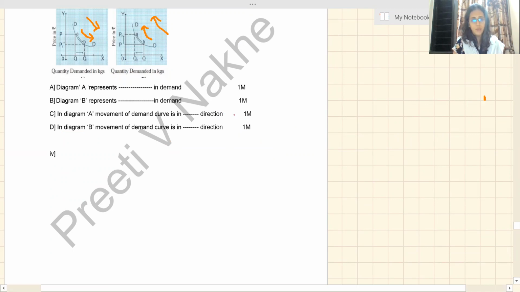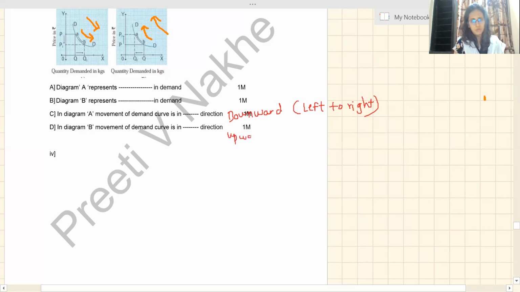See, diagram A movement is downward, from left to right. And diagram B movement of demand curve is upward.